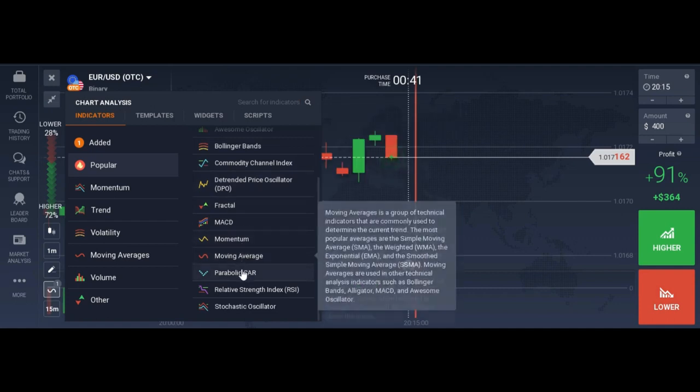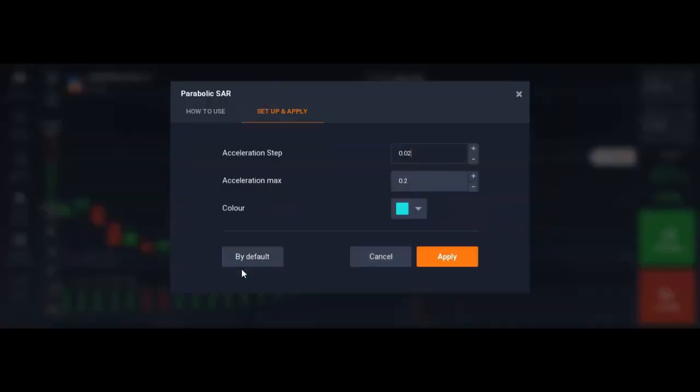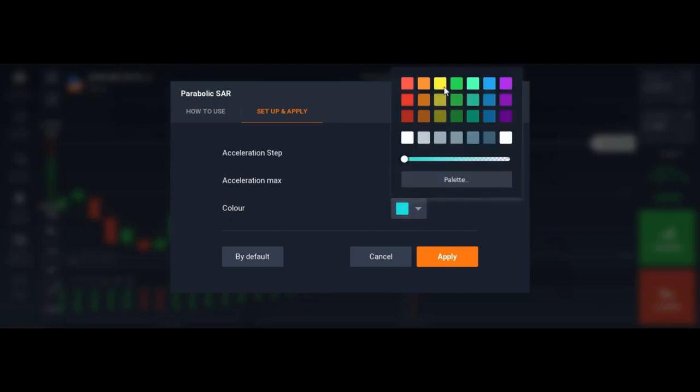Parabolic SAR. Acceleration step 0.04, acceleration max 0.2, yellow color.